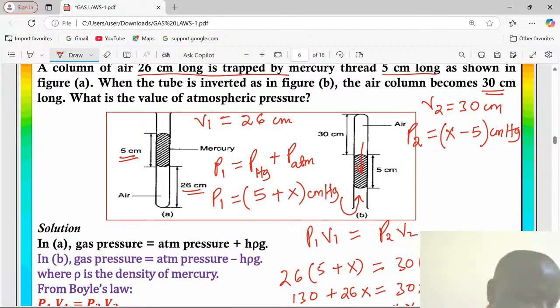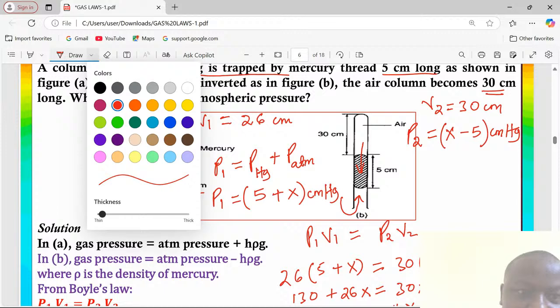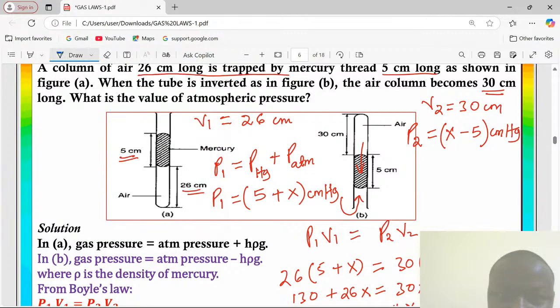I must give students a precaution. Let it be known that when the tube is upright, pressure is usually given by the addition of the mercury column plus atmospheric pressure. When it is upside down, pressure is given by atmospheric pressure minus pressure of the mercury thread.